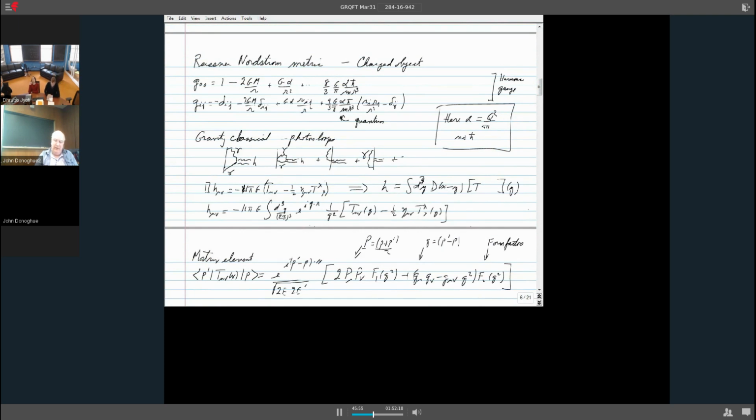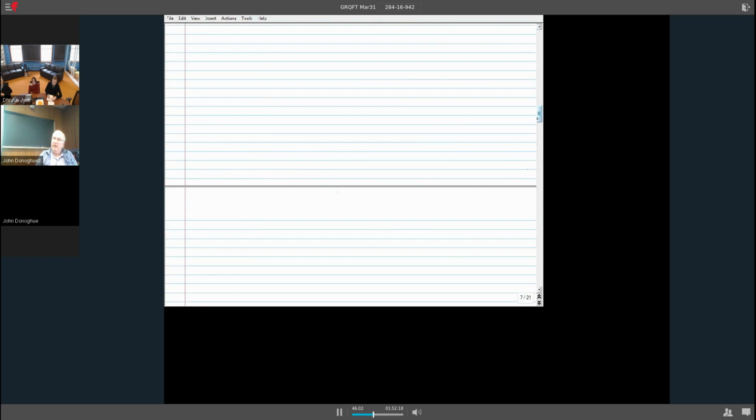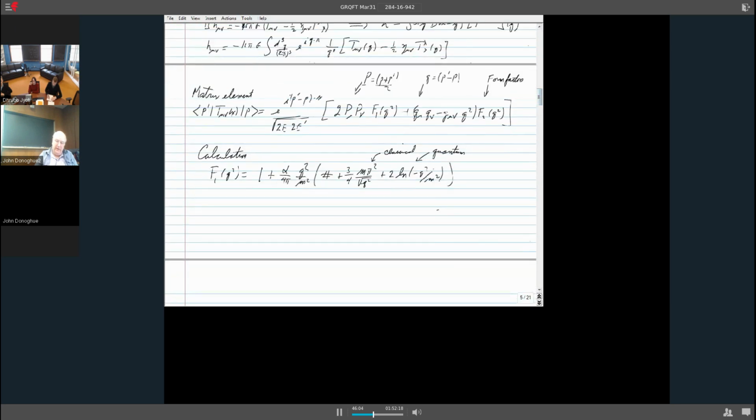Okay, so the point is to again point out that you get these non-analytic pieces, you get the square roots. This gives me the classical correction. This gives me the quantum piece.